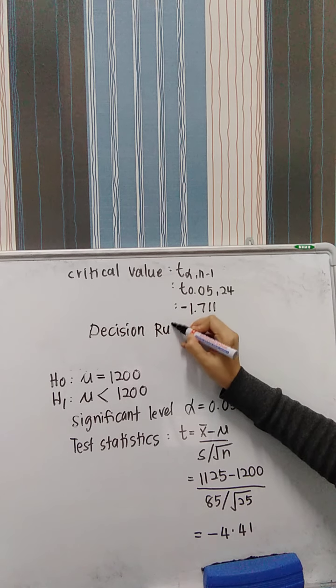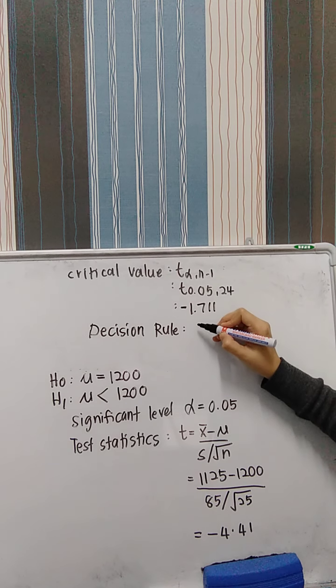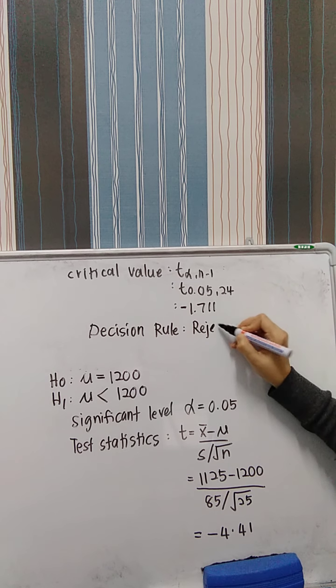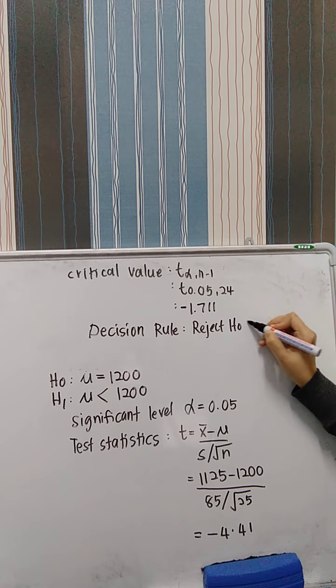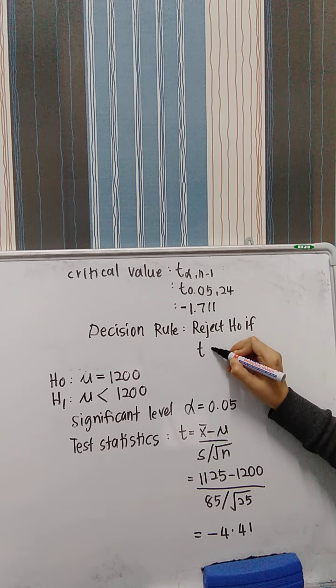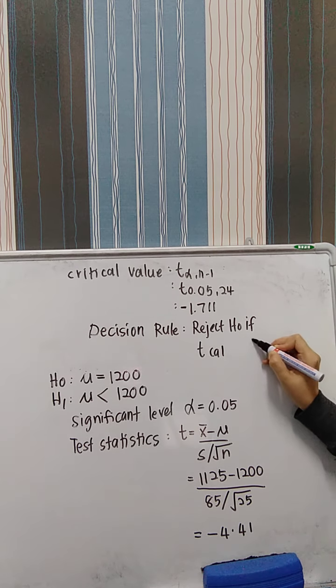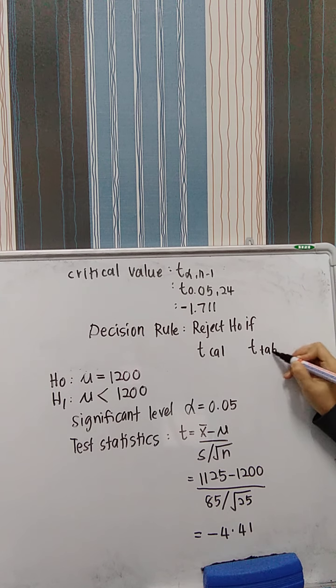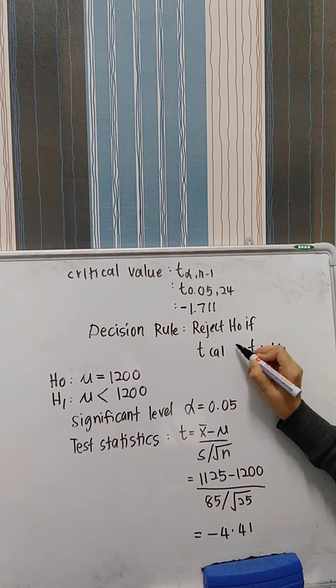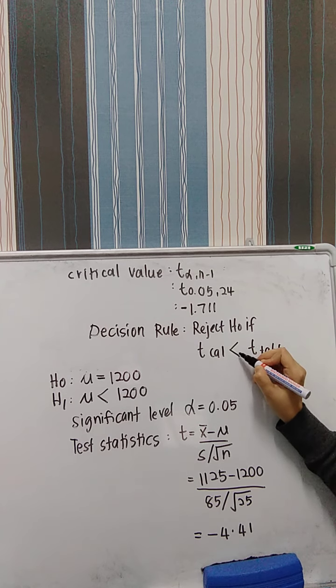The decision rule for this example is you reject H null if T calculate is less than T table. Okay, what is the symbol here? Because it's less than, so the symbol here is also less than.